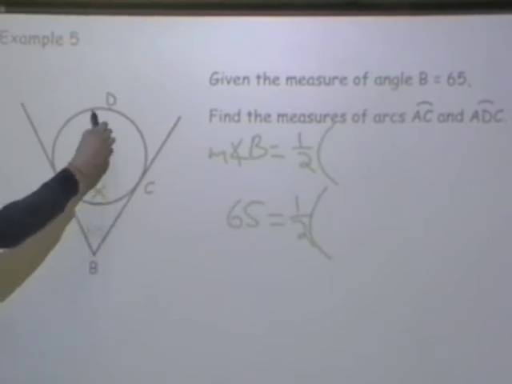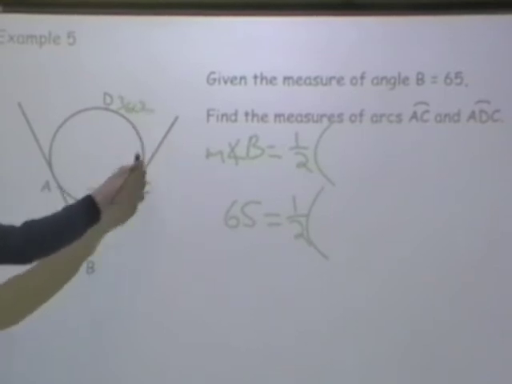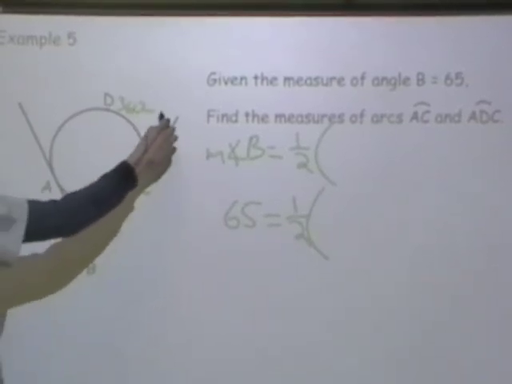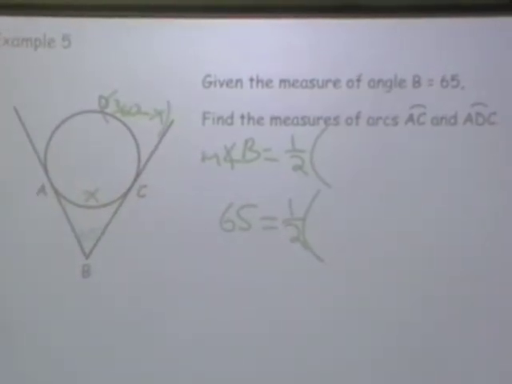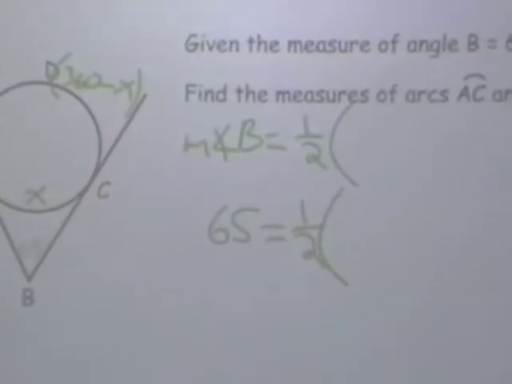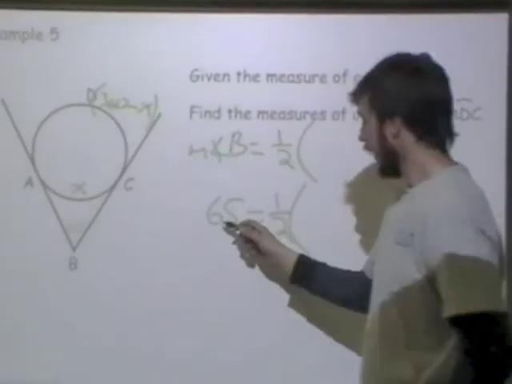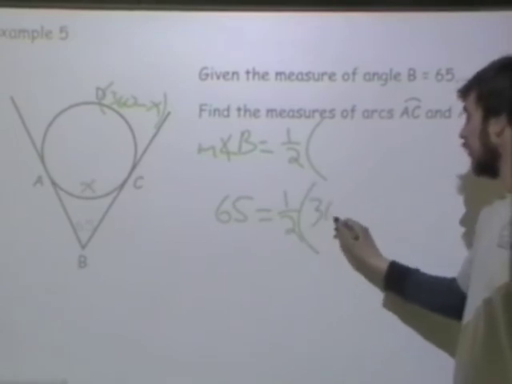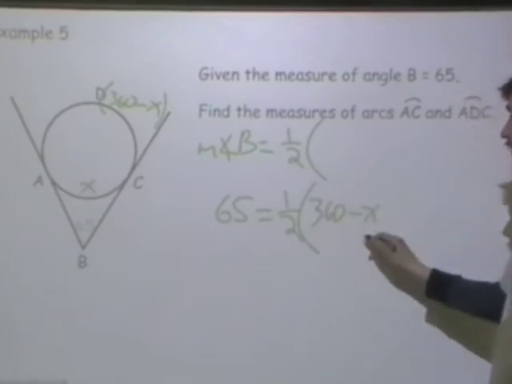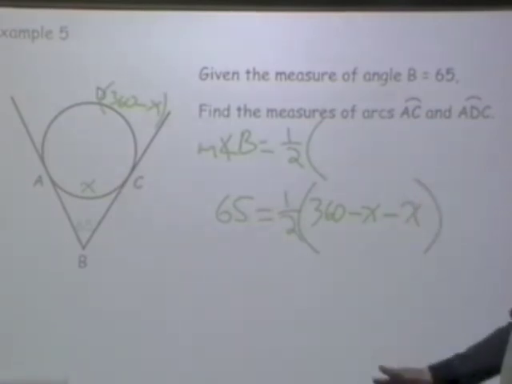That means this arc that's left up here is the entire circle, 360 minus this portion that we don't need anymore, which is represented by x. So that entire expression is our larger arc, our major arc in this problem, which we can fill into our problem. So the angle, 65, is equal to 1/2 times the larger arc, which is 360 minus x, minus the smaller arc, x. And we're ready to solve.